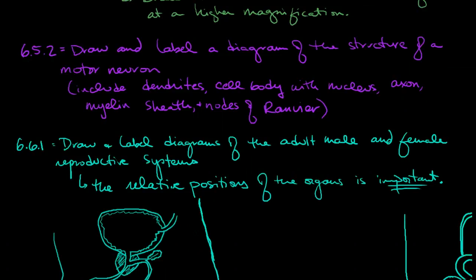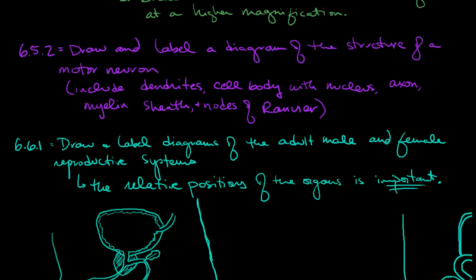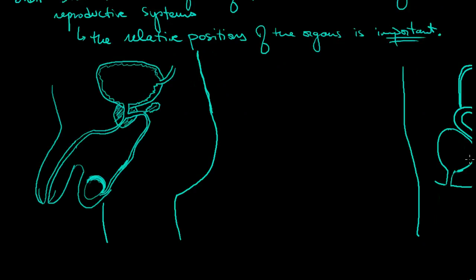All right, and then the last thing is draw and label the reproductive systems of males and females. So let's start the beginning of this process where meiosis begins. Here are the testes. This is a side view of the male reproductive system. So here are the testes.